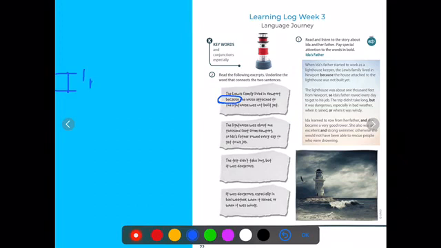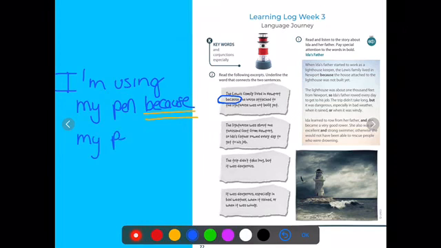I am using my pen because I'm giving a reason why I'm using my pen, because my pencil is lost. Okay, I'm using my pen because my pencil is lost. I'm giving you guys a reason, all right?